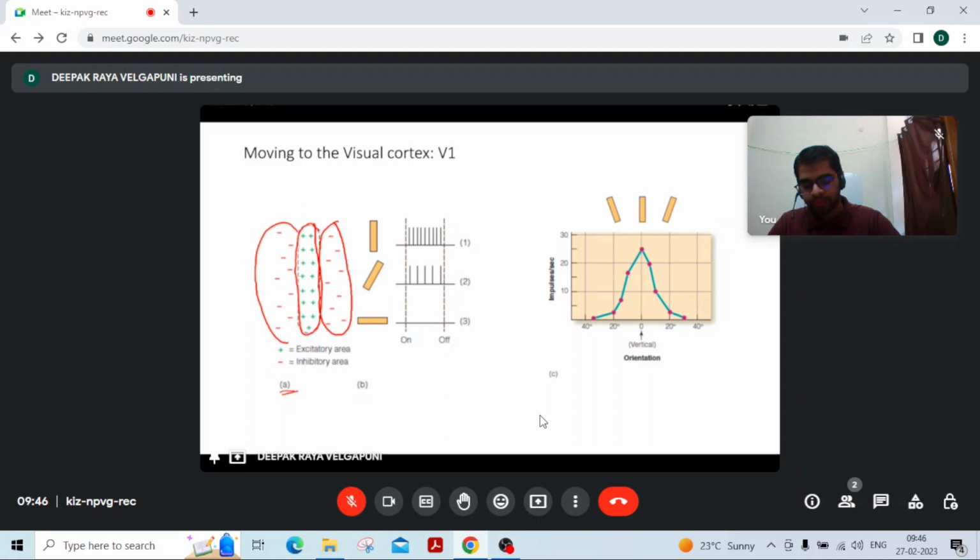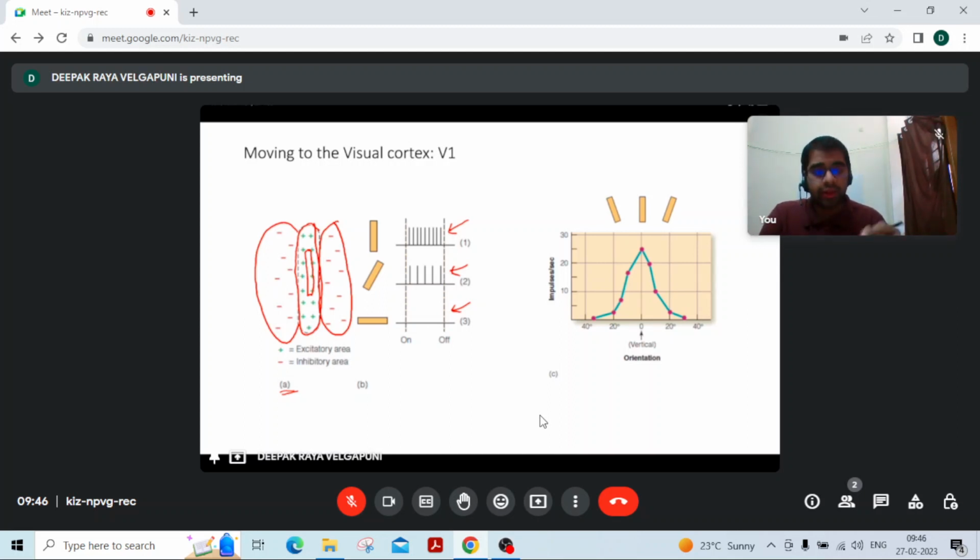Whenever a spot of light or a bar is present here, the neuron gets excited. As the orientation changes, the bar slowly covers the inhibitory area also, and as the orientation slowly changes to horizontal, the firing just changes.